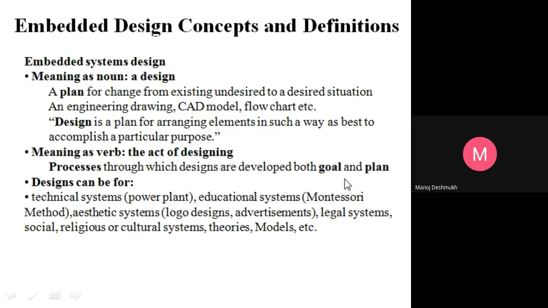Goal means targets which need to be hit by that particular system, and plan is the systematic, periodical way, with duration, in which we accomplish these parameters, either sensing, measuring, monitoring, storing, or displaying. So these are some words.